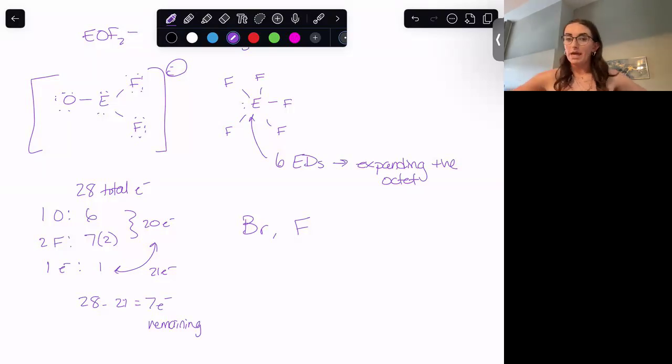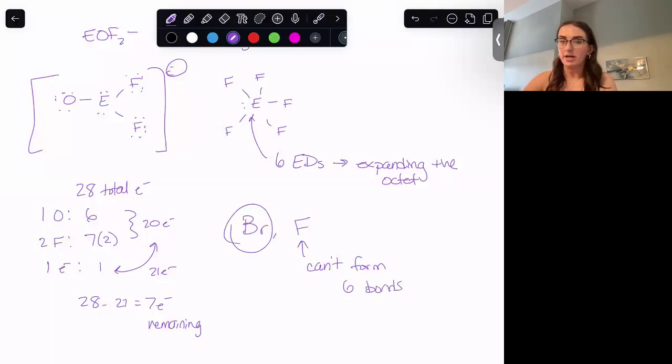Is fluorine able to make 6 bonds? No, it cannot make 6 bonds. So since our E is forming 6 bonds and we know fluorine can't form 6 bonds, we know that bromine has to be our answer because that can expand its octet and it has 7 electrons.